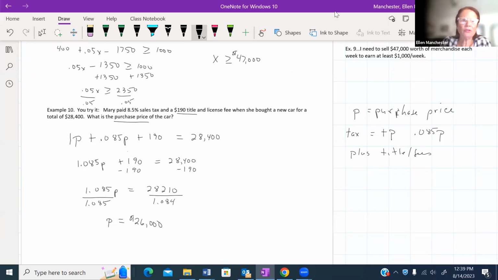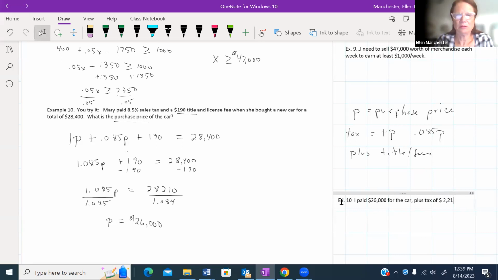Okay, so again, to interpret this, I paid $26,000 for the car, plus tax, what did I say, 2210, plus the 190 in fees, to equal 28,400.